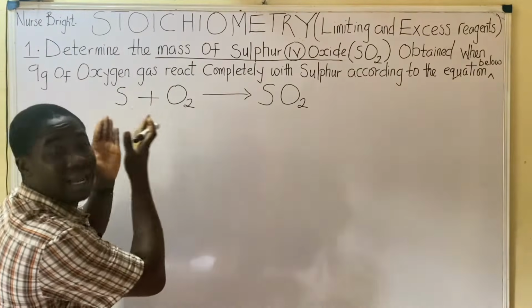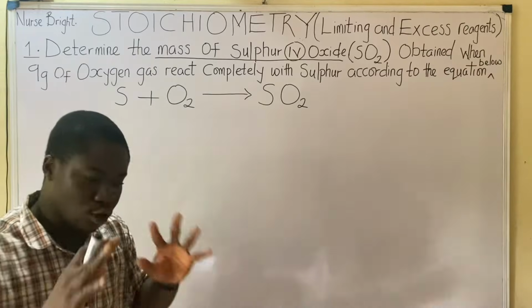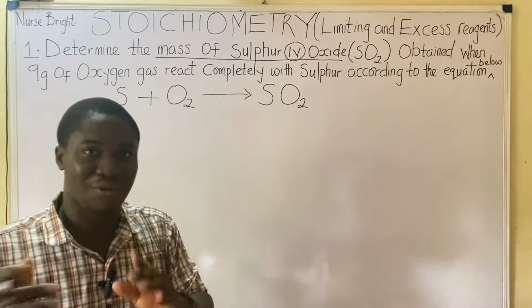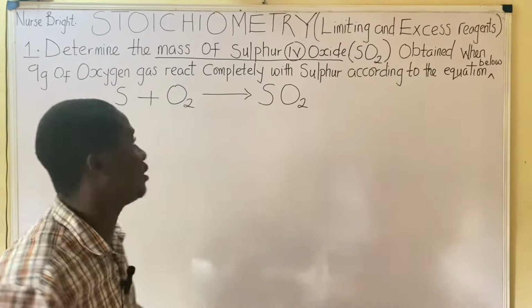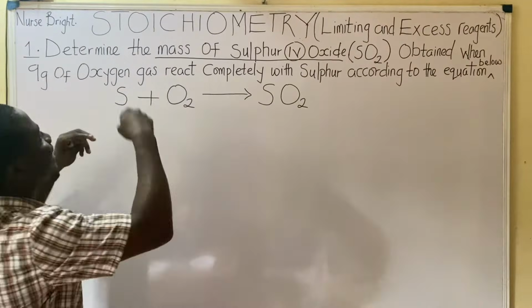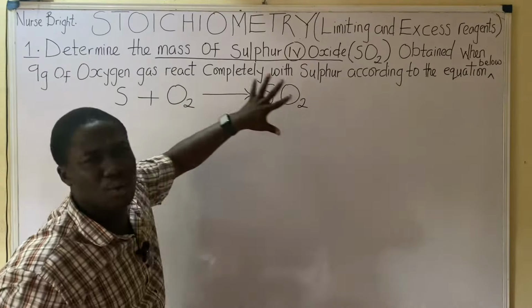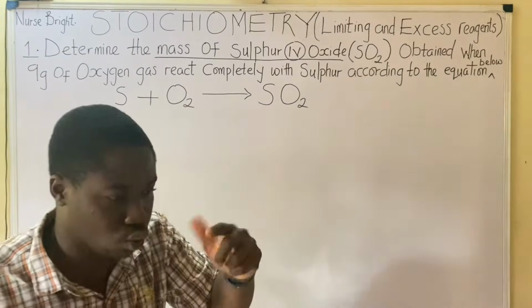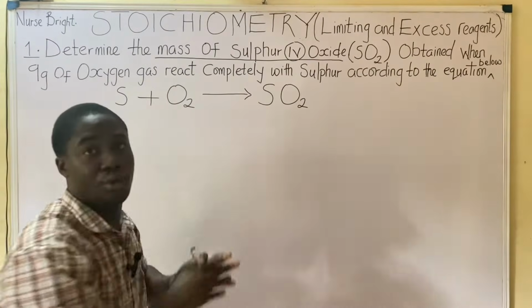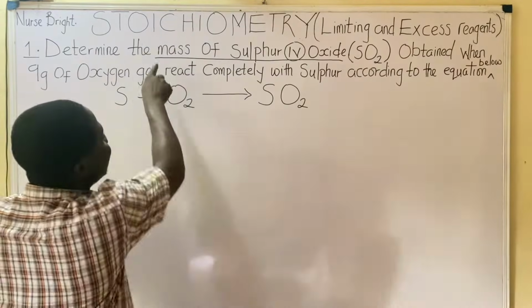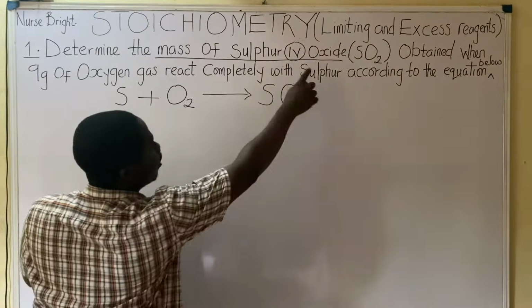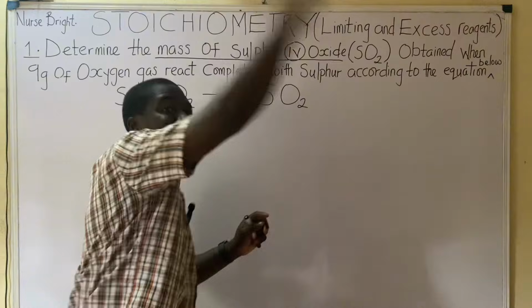I brought out the equation for us so that that aspect will not be tough. Let's work it together. The question says, determine the mass of sulfur 4 oxide. Even if this equation was not here, I already know what they're asking us to do and the equation to write. They asked us to determine the mass of sulfur 4 oxide, which is SO2, obtained.